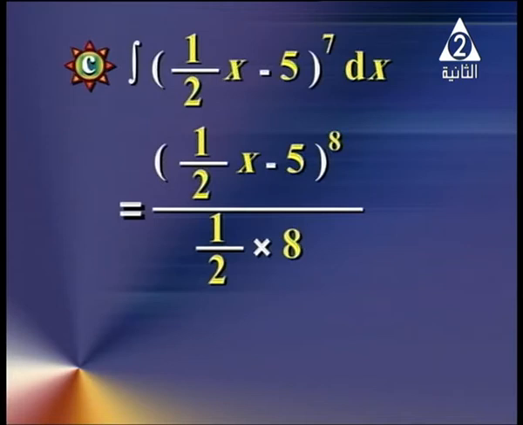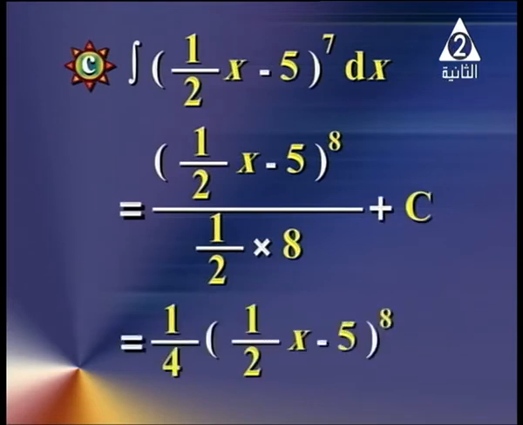Then multiply by the coefficient of x, half, plus c, don't forget. The answer is quarter multiply half x minus 5 all power 8 plus c. c is called the integration constant.